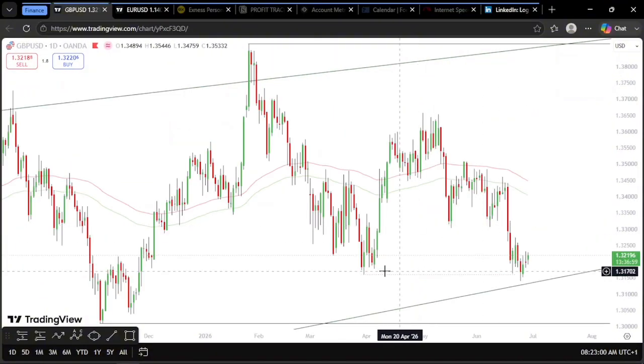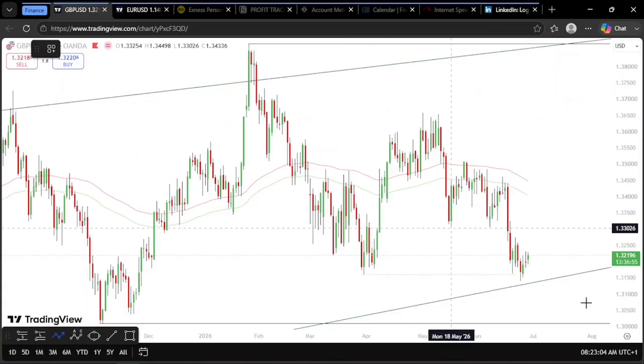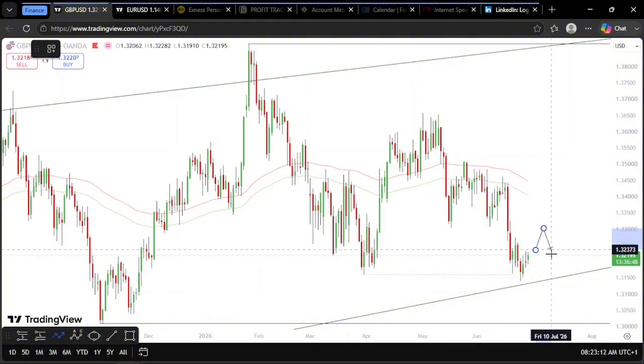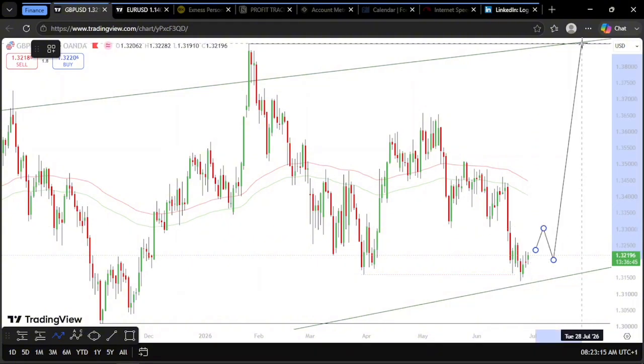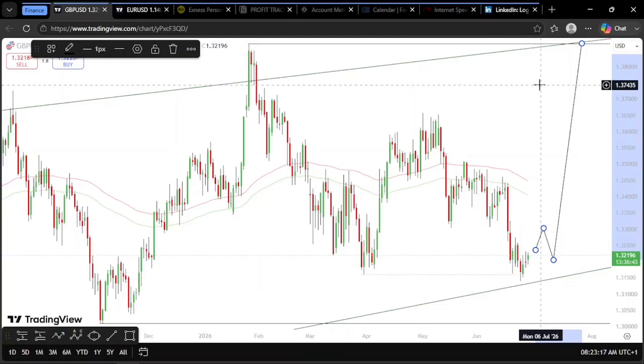What I'm expecting on this time frame, on this pair, is for us to get a break above, a retest, then you can look for price to come all the way up here.